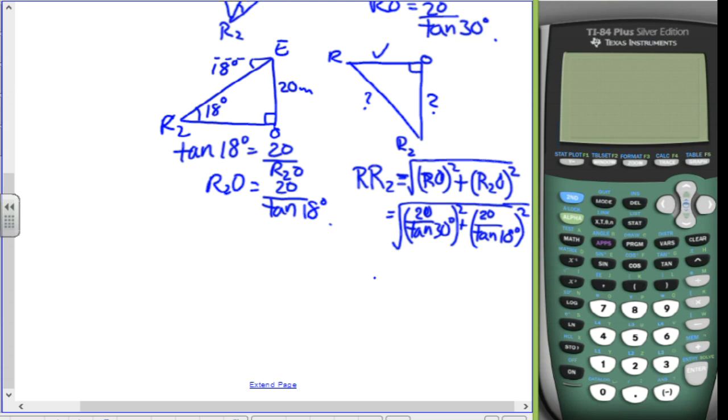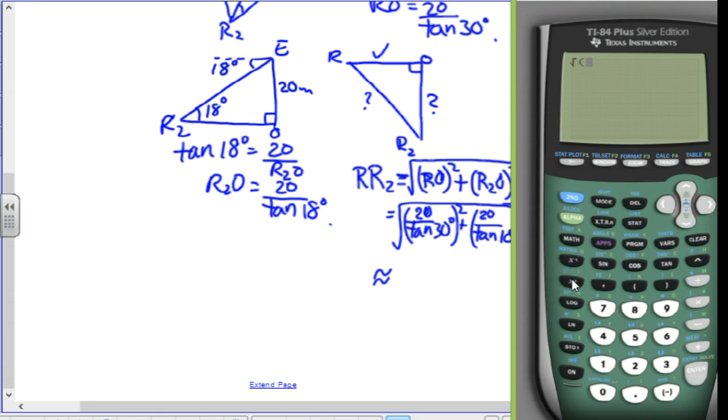So now we need to calculate what this is. Bracket, 20 divided by tangent of 30 degrees, bracket, everything squared, and then plus another bracket, 20 divided by tangent of 18 degrees, bracket, everything squared, and then close the bracket and press enter.